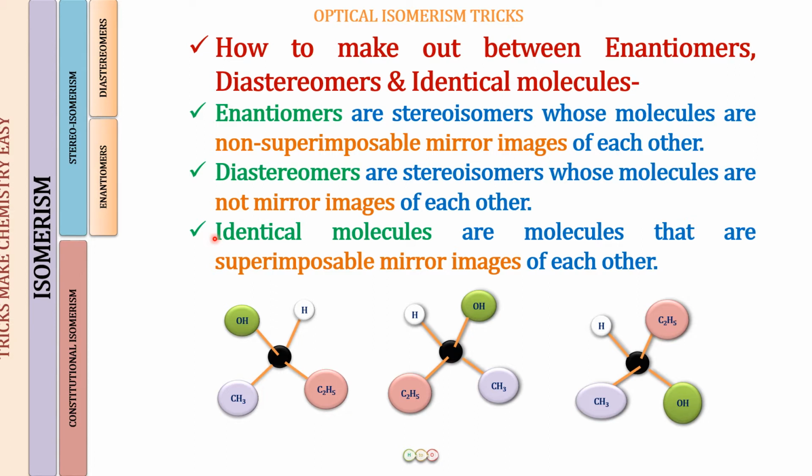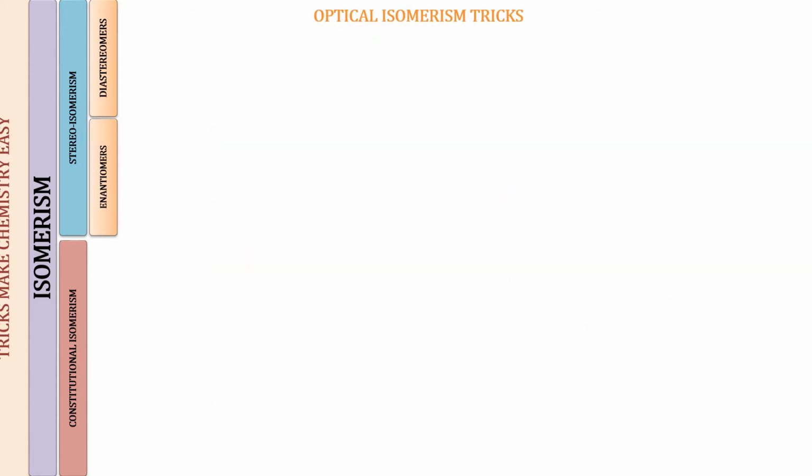You can try rotating the molecules to figure out whether they are mirror images and whether they are superimposable or not. But I'm going to tell you a quick, foolproof trick which will never make you give a wrong answer. So let us learn that.